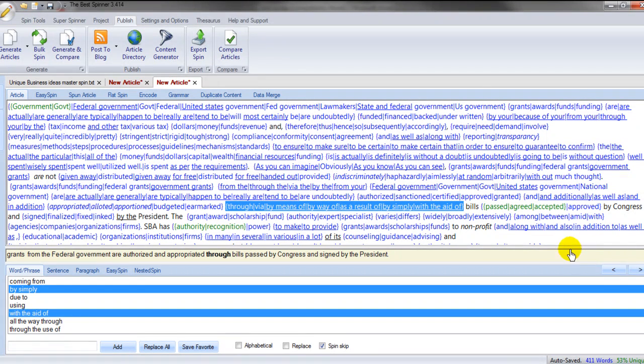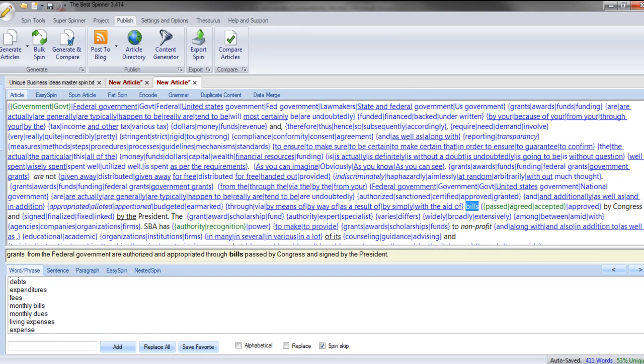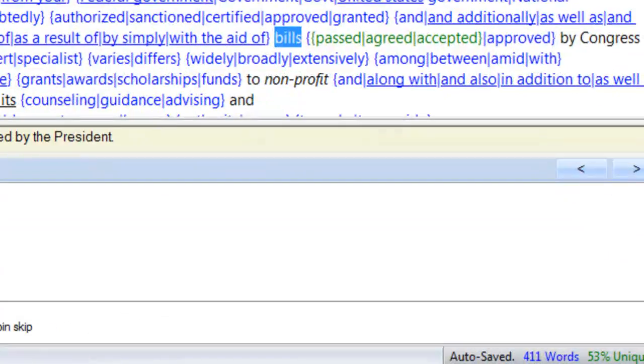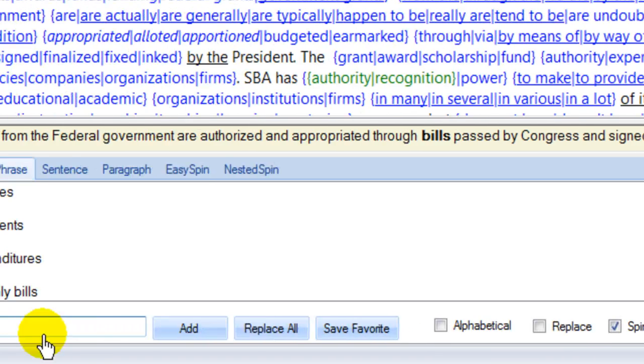Bills. So bills, in this case, are not bills related to expenses, but charges related to law. It would be monthly power bills. Let's see. No, it doesn't have it here, so you might have to write it yourself.